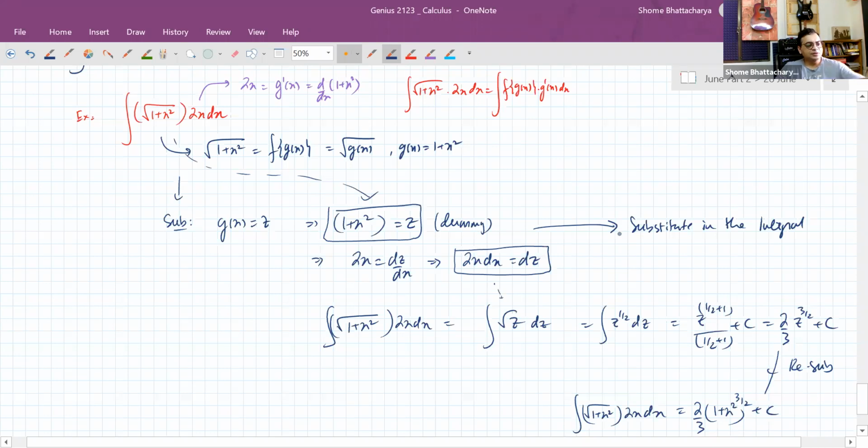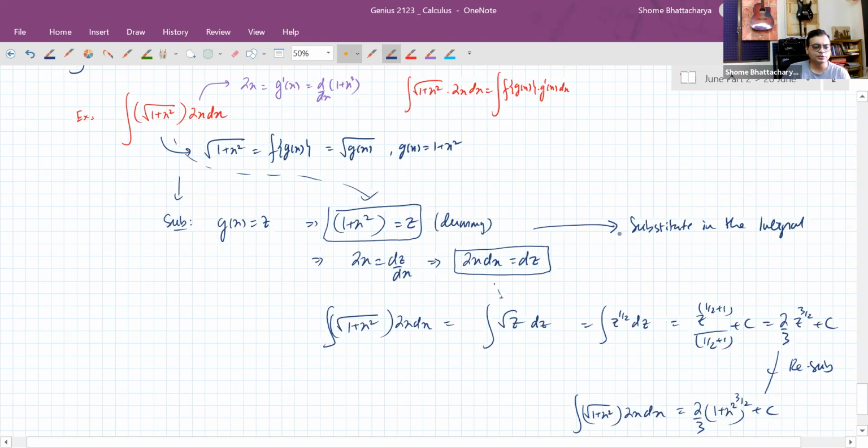This can be a little bit tricky sometimes because you have to look at the function and be able to identify the two terms in it. There is the square root of 1 plus x square, where inside the square root we have the term 1 plus x square, and that 1 plus x square's derivative is present outside. That is, the 2x is there. The 2x is the derivative of 1 plus x square.